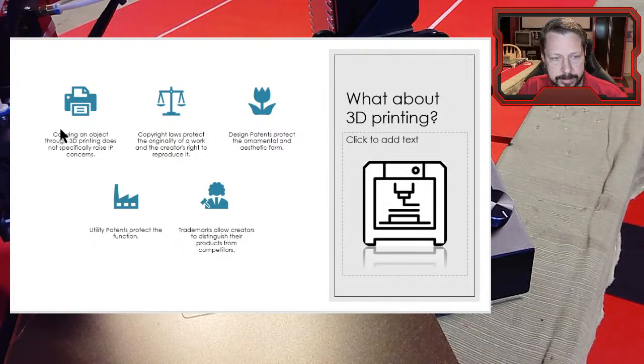So there is this vague ground that hasn't really been worked out yet about how things like 3D printing affect intellectual property. But the same kind of thing happened when Print Shop became available in the 80s or 90s, or whenever it was, for PCs.